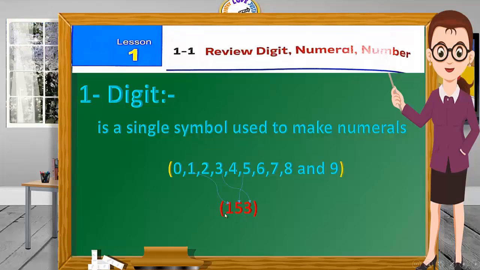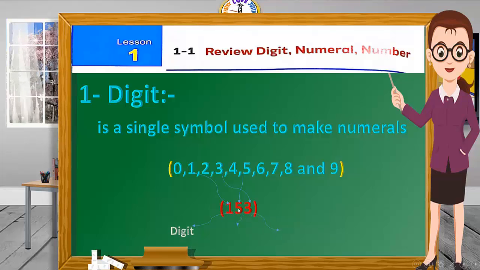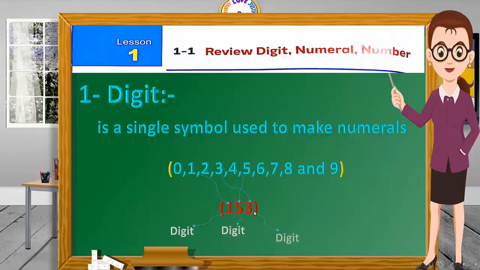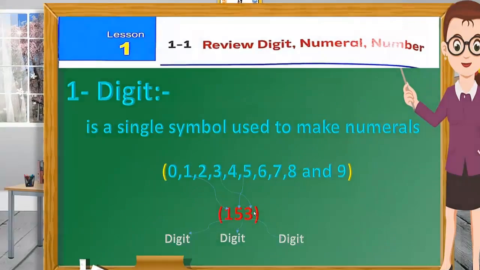This is a numeral. So number 1 is a digit, this single number is a digit, and this single number is a digit.